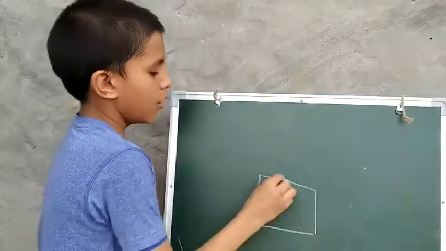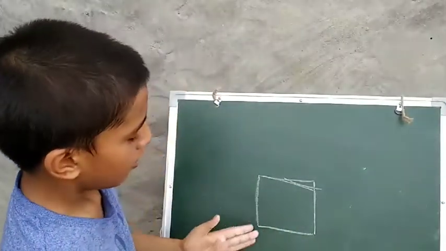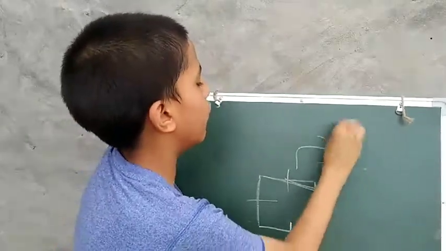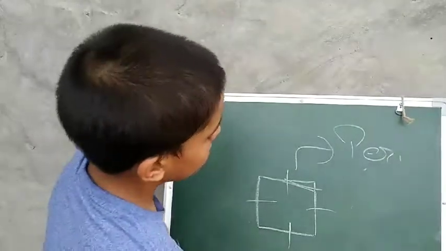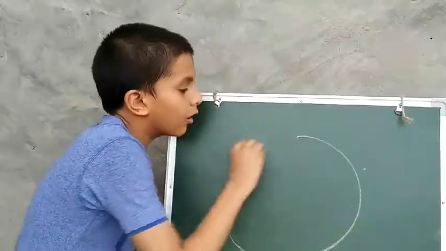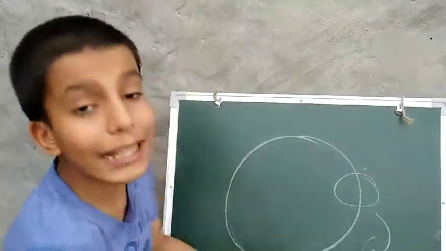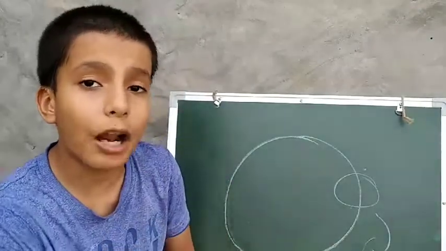So if I have a shape like this, we know what these lines are called. They are called perimeter. But these lines in the circle, in this whole circle, are not known as perimeter. They are known as circumference.